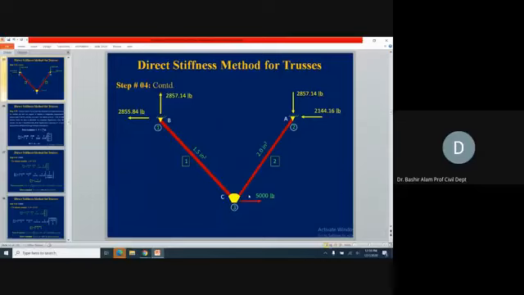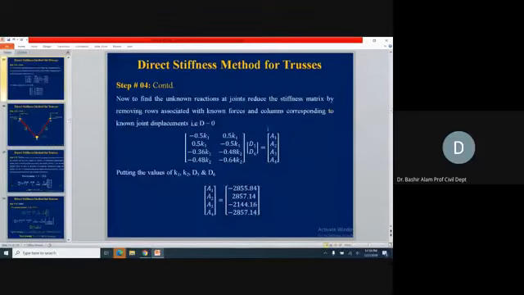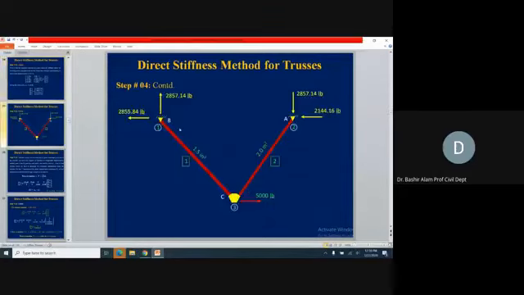Up till now, we found these support reactions. This is our A1. Why? Because corresponding to D1 we have A1, so it should be with the negative sign. You see here, minus 2855, so it is in the opposite direction, 2855.